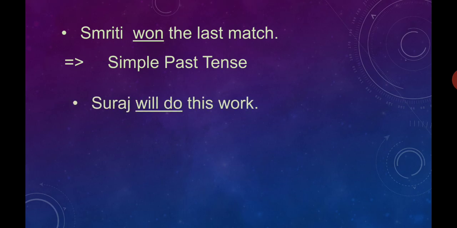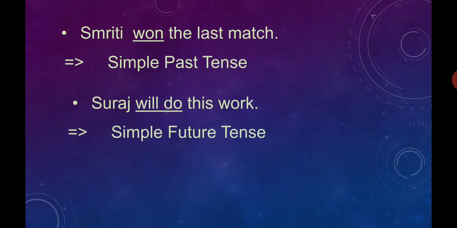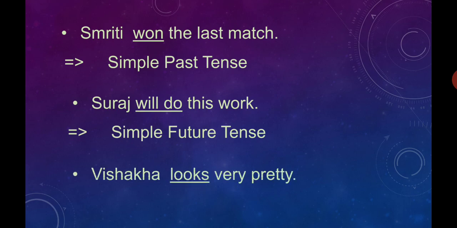Next is Suraj will do this work. Here, what is the underlined word? Will do. So, if will or shall is in the sentence, with the verb in its root form, then which tense is there? Yes, it is simple future tense. Understand? Next is Vishakha looks very pretty.